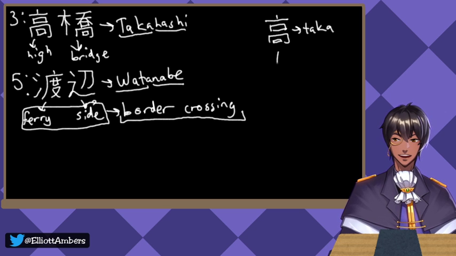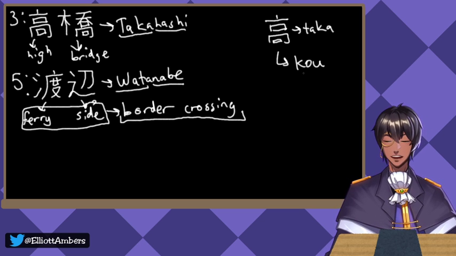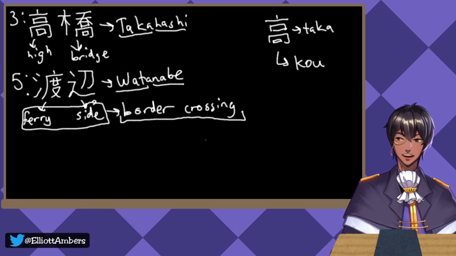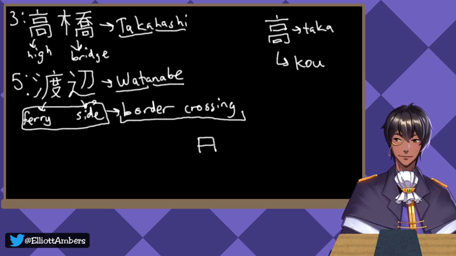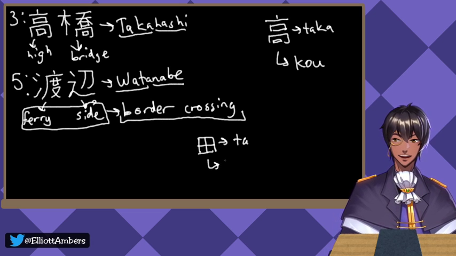But the original Chinese reading is Ko. Think about what they call high school, it's Koko. Or like I mentioned earlier, rice paddy is read as Ta in its Japanese reading, but the Chinese reading is Den.